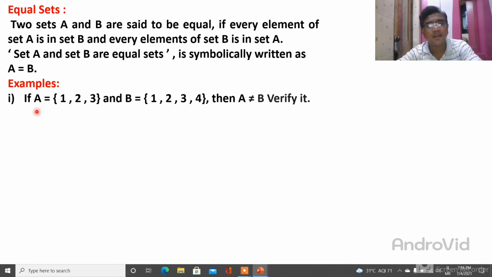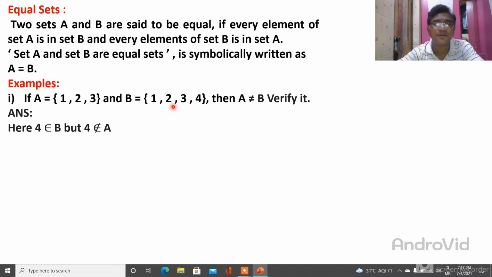Example: if A is equal to {1, 2, 3} and B is equal to {1, 2, 3, 4}, then verify A is not equal to B. The elements of A are 1, 2, 3, but here B has the 4. So they are not equal sets, because set A has 3 elements and set B has 4 elements. We say 4 does not belong to A, because in set A the number 4 is absent.